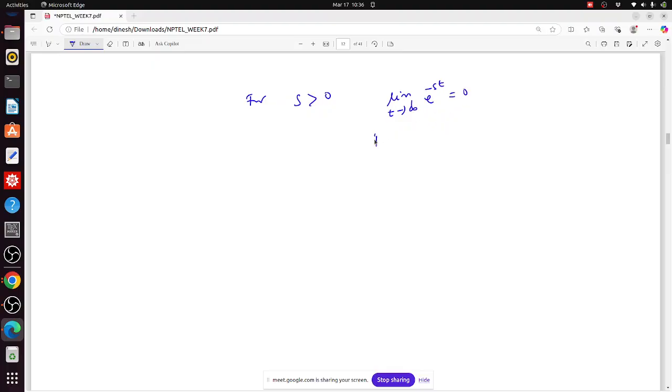So F(s) is defined only for s greater than 0.